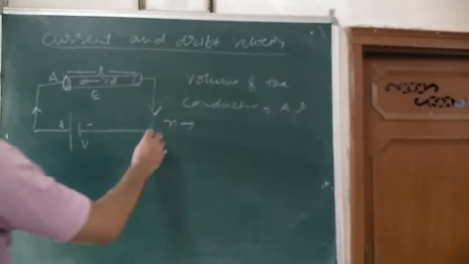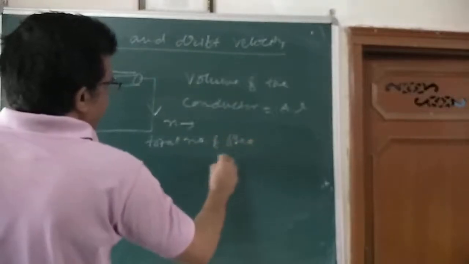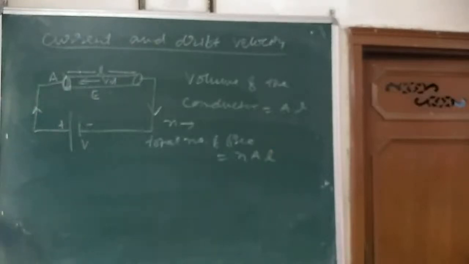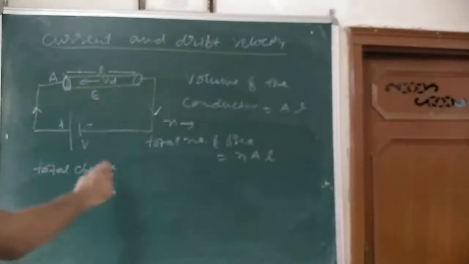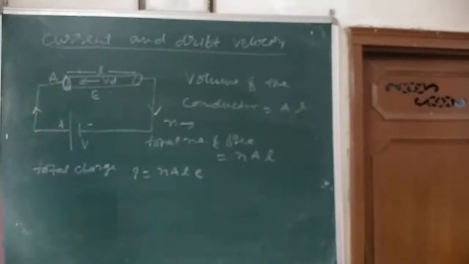So the total number of free electrons available here is N into A into L. Suppose E is the charge on each electron, then the total charge on all the free electrons in the conductor would be N A L into E. Here the constant potential difference V is applied across the two ends of a conductor.